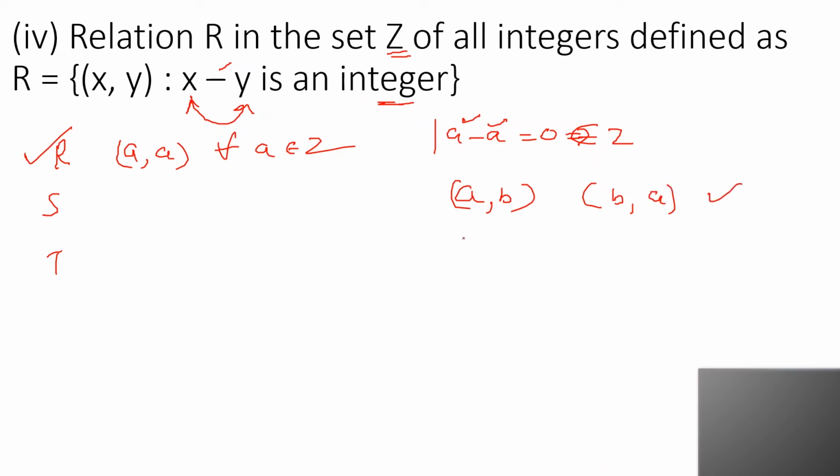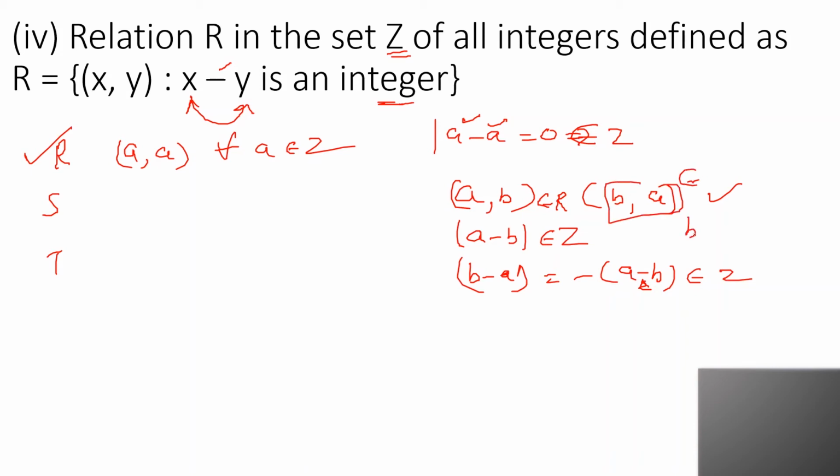Yes, definitely. If a is related to b, it means a minus b is an integer. So no doubt b minus a, which is the negative of a minus b, is also an integer. So these two are also related. Hence this is symmetric.